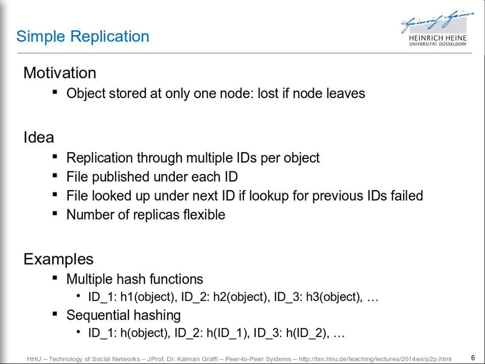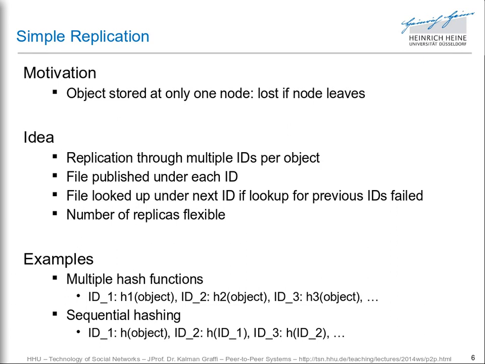So the idea is to replicate data on multiple IDs per object, and the file is published under each ID, and a file can be looked up under its next ID if the lookup for the previous IDs failed. And the number of replicas is flexible, but we will see another point about this.